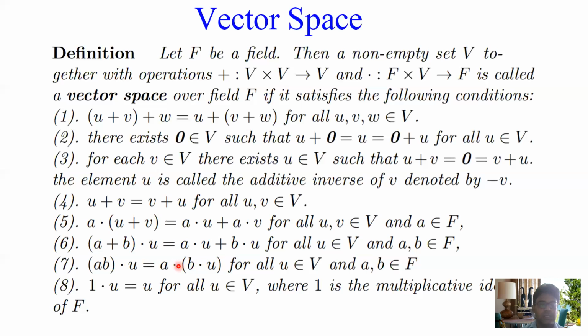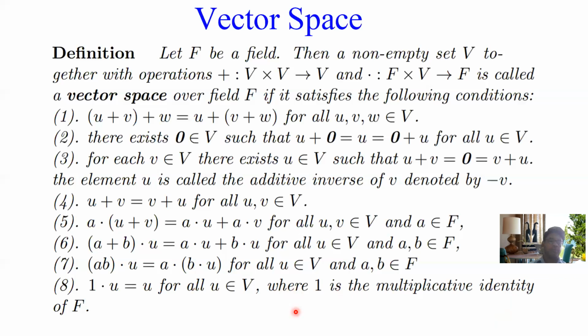Similarly in this case, suppose B is a scalar, then the operation is A dot (B dot U). Next, number 8, 1 dot U is equal to U for all U belonging to V, where 1 is the multiplicative identity of F.